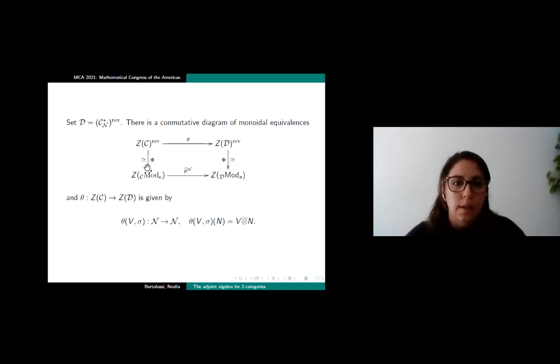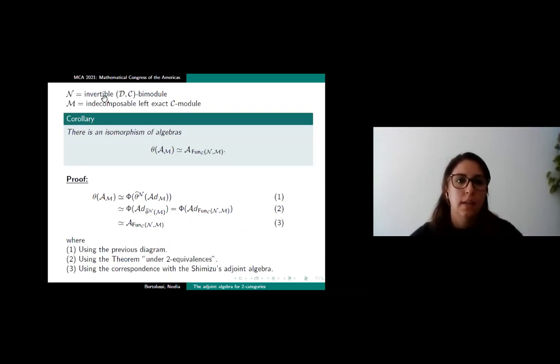We have the monoidal equivalence phi in the vertical arrow. Here in the bottom, we have this theta hat. And here we have this theta that takes an object in the center and sends it to the end functor, theta V sigma, that if you apply it to N, is just V acting on N. So keep in mind this diagram and take N an invertible D-C bimodule, and M an indecomposable left exact C-module.